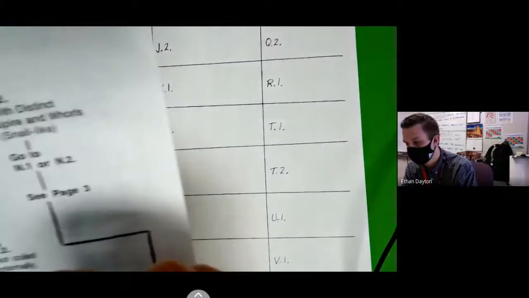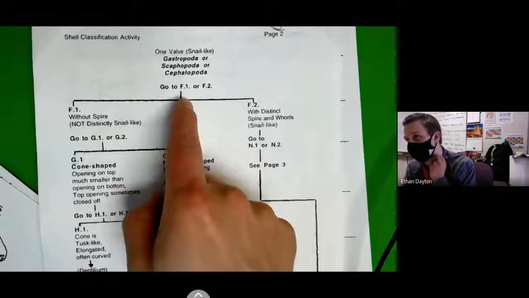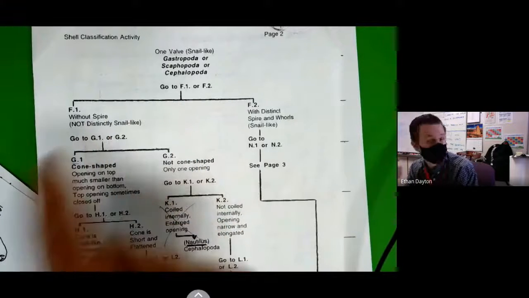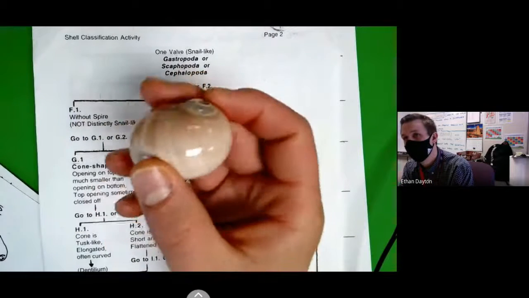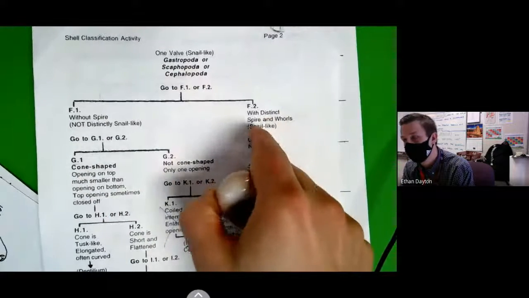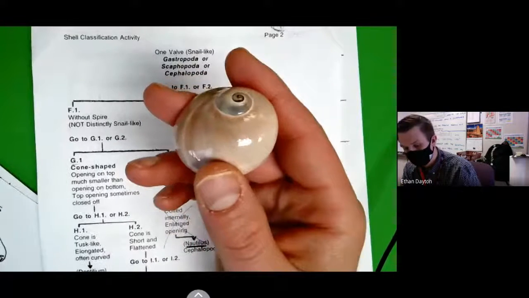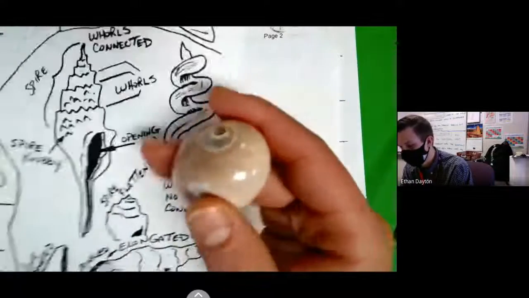All right, so here we are on page 2, and we need to go to either F1 or F2, depending on what we see. Now, is it without a spire, meaning it is not snail-like, or is it with a spire and whorls and is snail-like? So for that, let's go look over here.